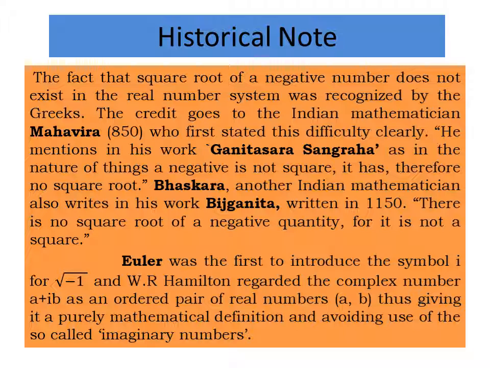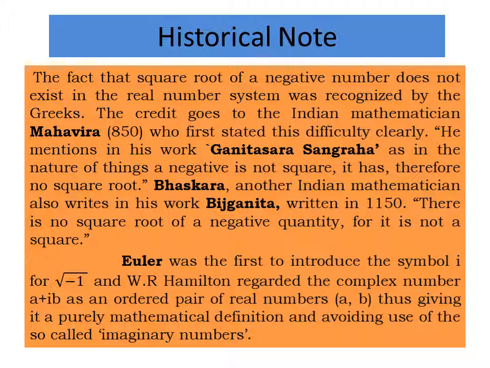Another great mathematician, Bhaskara, also wrote this in Bijganita, 1150 years ago. There is no square root of a negative quantity, for it is not a square.